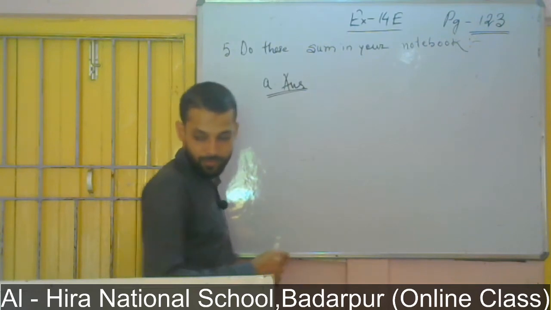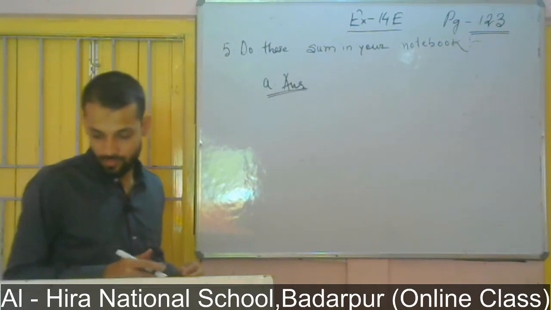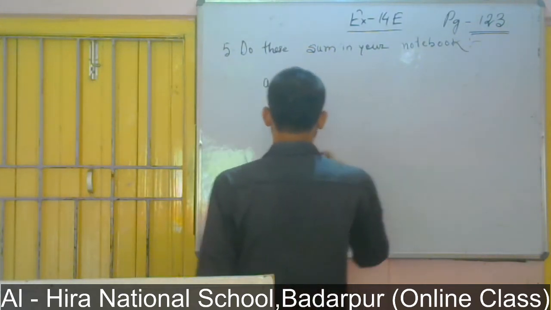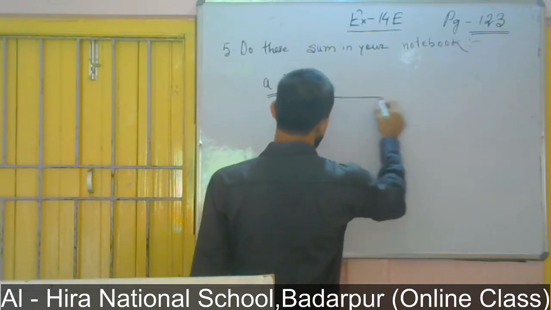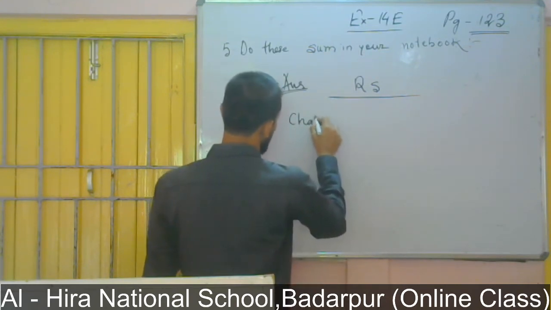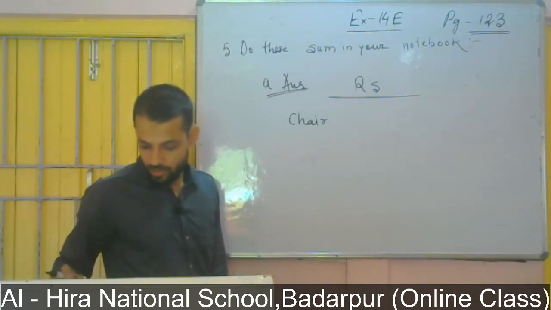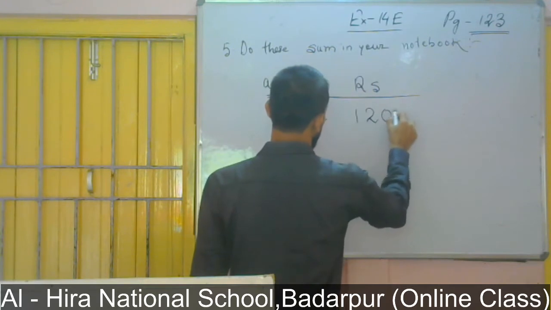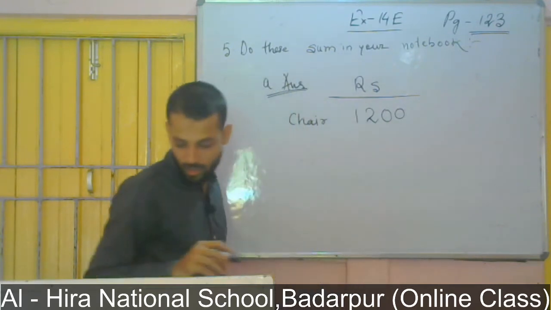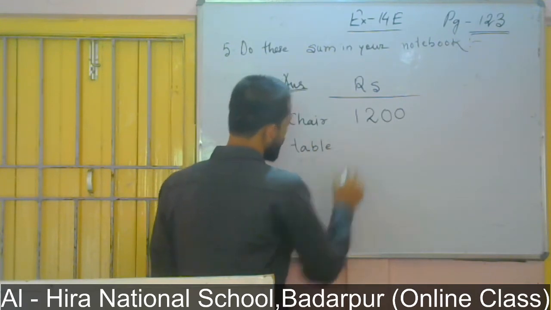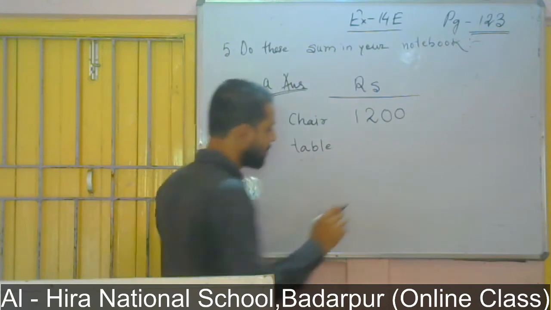So chair. What is the price of the chair? The price of the chair is rupees 1200. Next, the price of the table is rupees 2570.